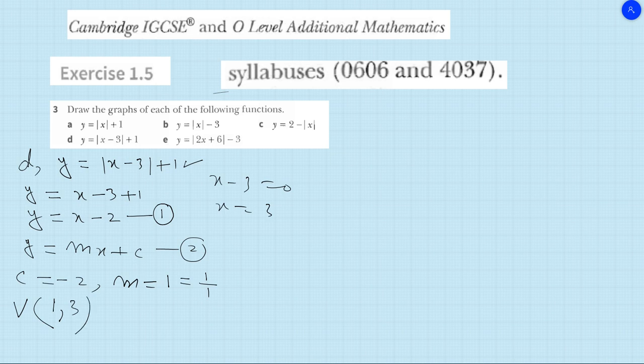So in this case our vertex is 3, 1. Very interesting, part D. You have learned in parts A, B and C your vertex lies on the y-intercept, but in this case your vertex is not lying on the y-intercept. First we have to draw equation number 1.